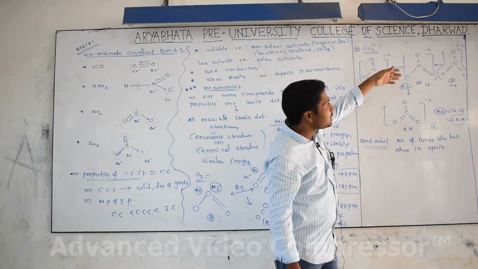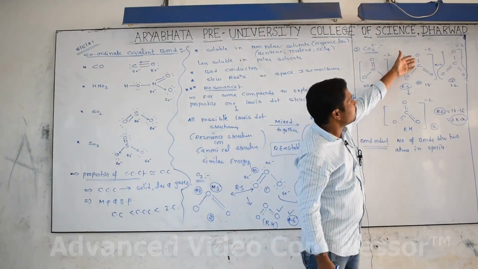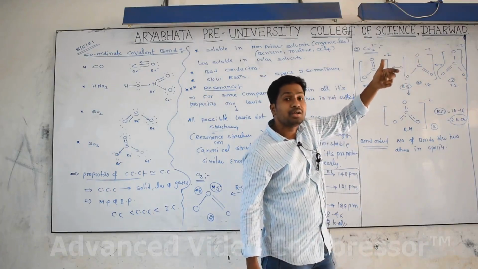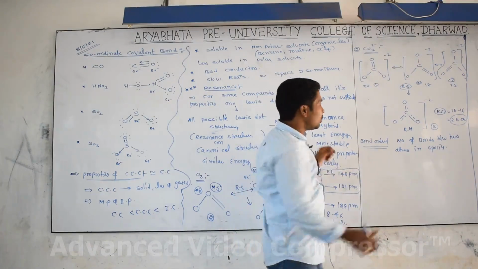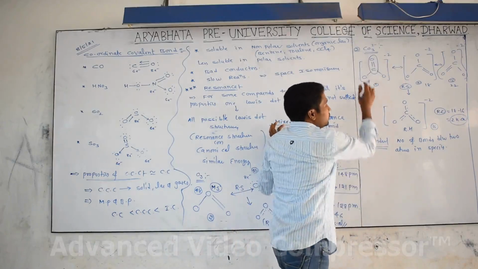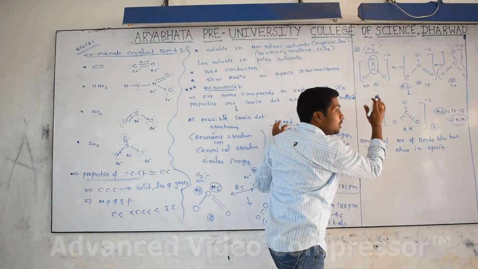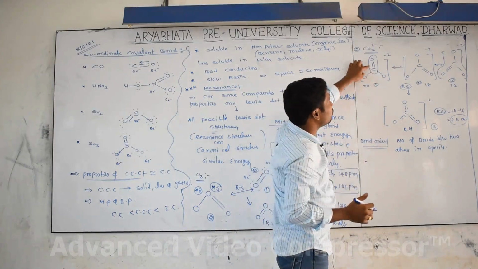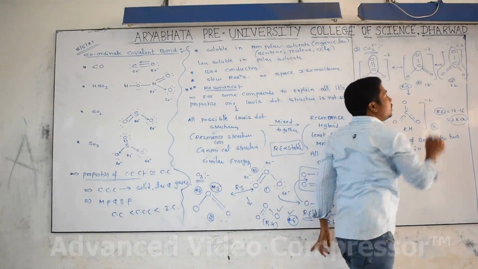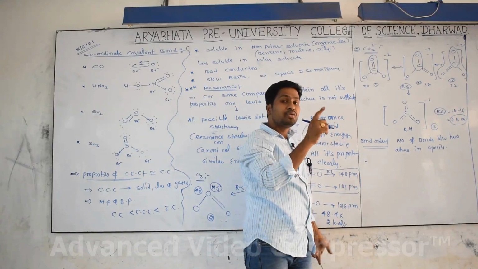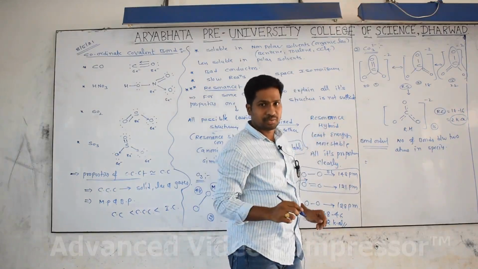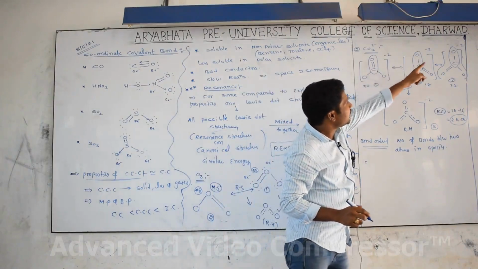Now, in the case of resonance structures, it is not fixed. Here it comes 1, but next also comes 1. How can you find the bond order in the case of resonance structures? Fix these two particles. Together, how many bonds appear in all resonance structures between carbon and oxygen? Here 2 bonds, here 1 bond, here 1 bond.